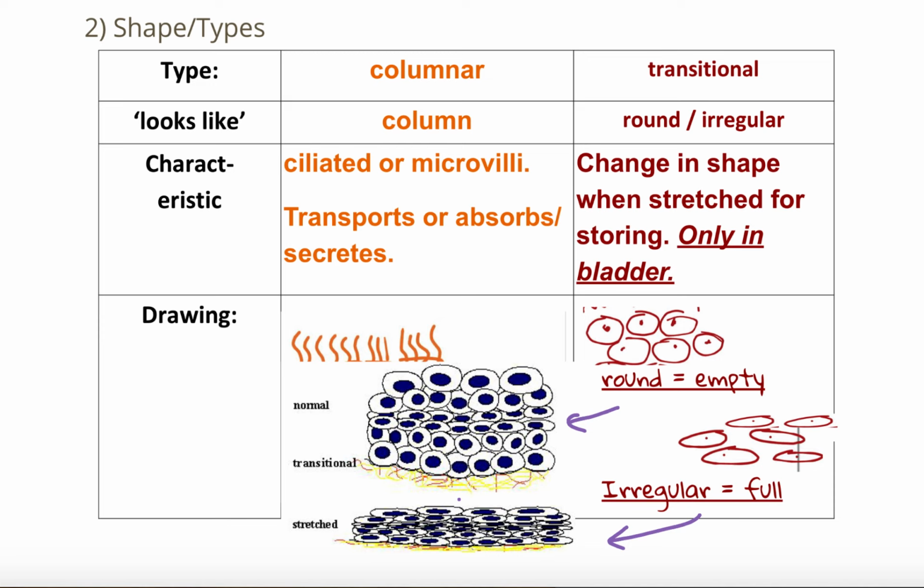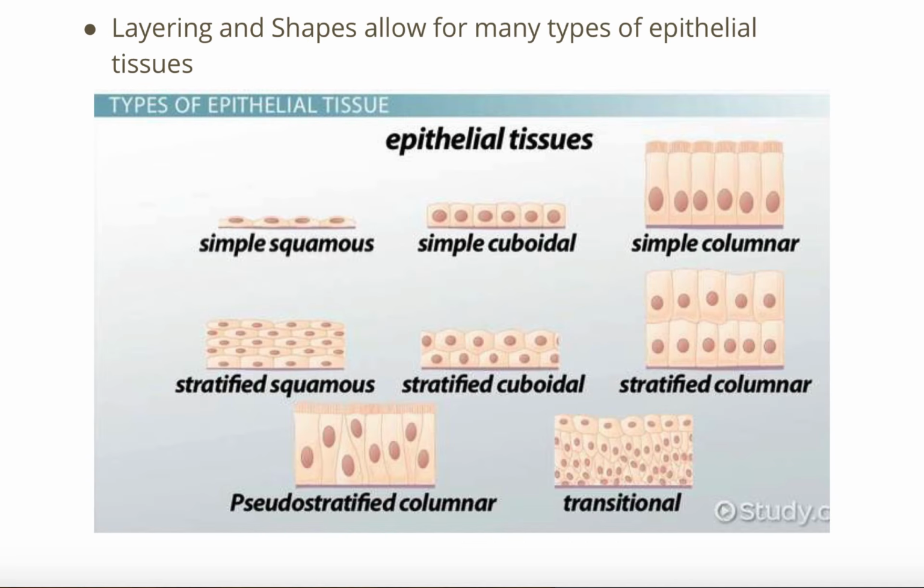But again, looking at those histology examples in the separate video will help you get a feel for what those look like. So if you combine layering with the shape, you can come up with multiple types of epithelial tissues. But these are the most common kinds that we'll go over in the class. So simple squamous, simple cuboidal, simple columnar are really important.